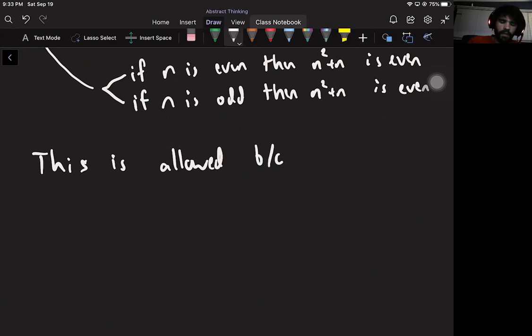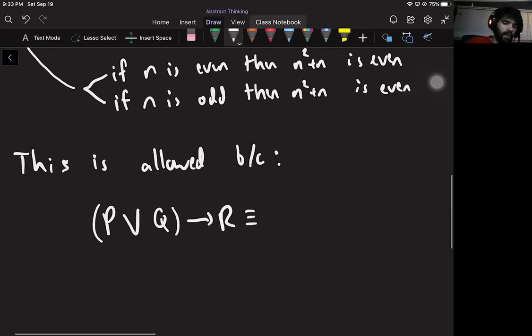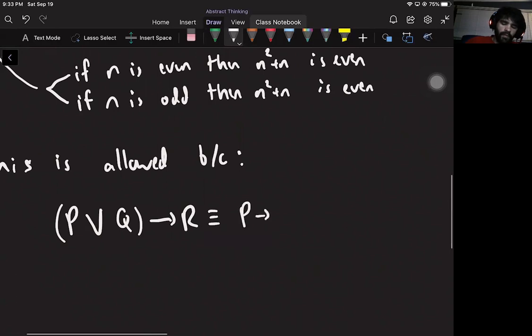I forget if it was in a lecture or in the lecture problems, but it's really just this little thing. It's that if P or Q, then R, that's logically equivalent to saying that P implies R and Q implies R separately. Oops, that's not the implies symbol. If Q, then R.